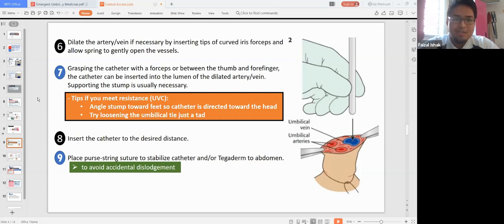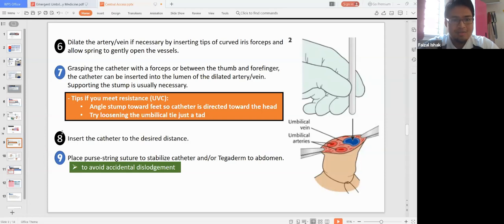If we do a UAC, it will be the opposite of the UVC, in which in UAC we need to insert the catheter posteriorly and inferiorly in the direction of the leg. This is according to the pathway of the vessel.